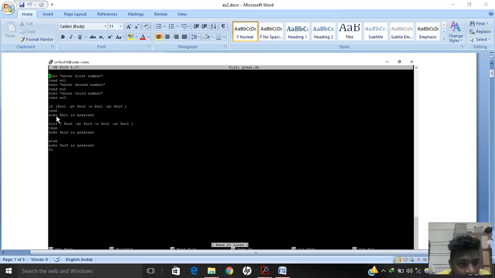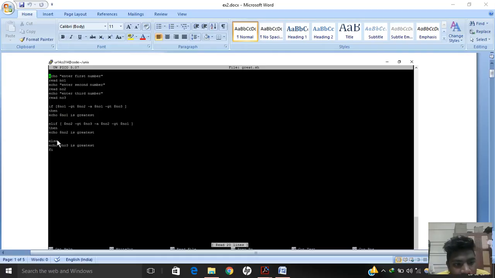Then echo number 1 is greater, means it will compare all the values, and if number 1 is greater, then it will print that number 1 is greater. Then else if, as I have used elif, I have given the condition if number 2 is greater. This statement means if number 2 is greater, then it will print the second number is greater.